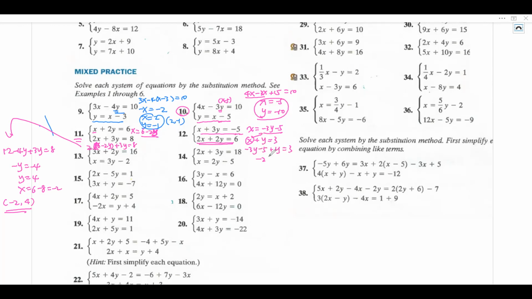So you get negative 2y equal 8, right? So y equal negative 4. x equal what? Negative 4 replaced into this part. So 12 minus 5, you get 7. So the result is 7, negative 4. That's the common point for number 12.